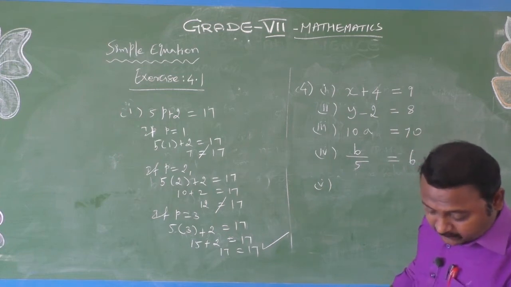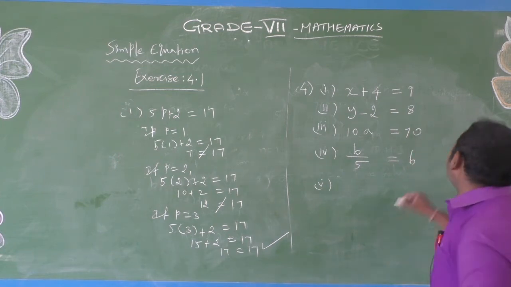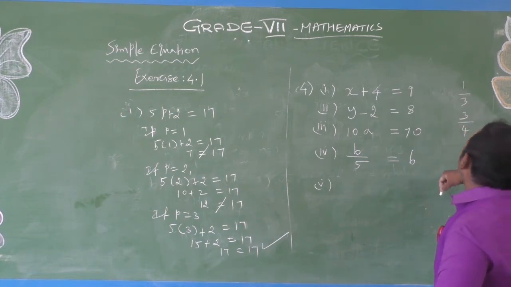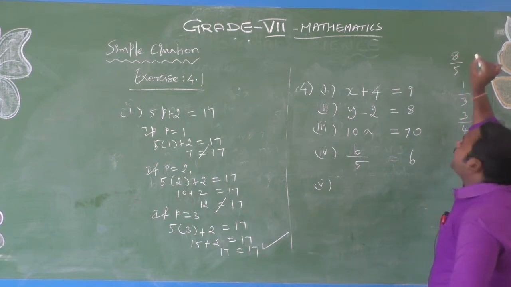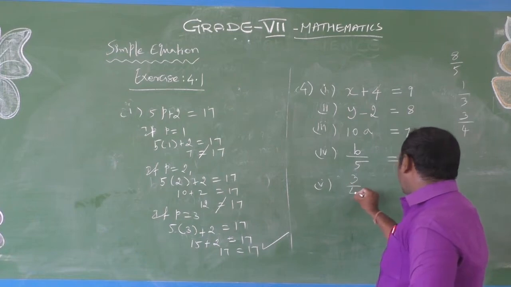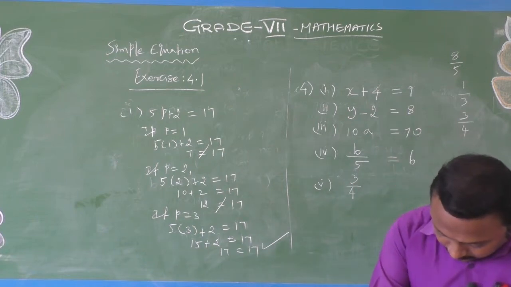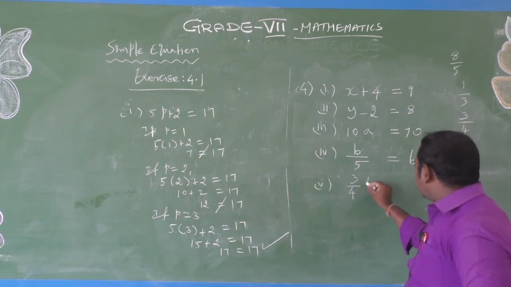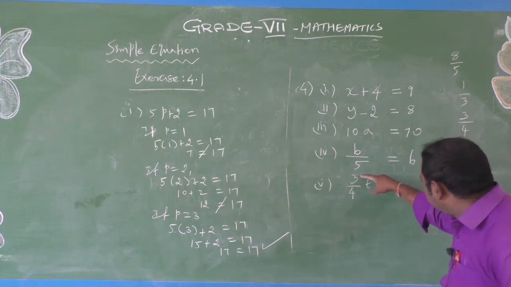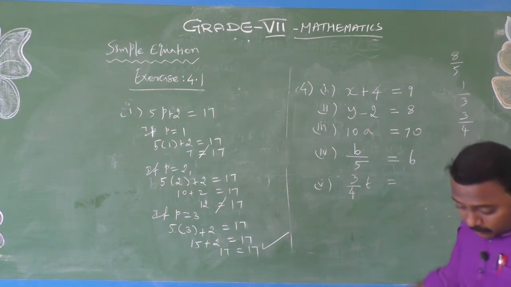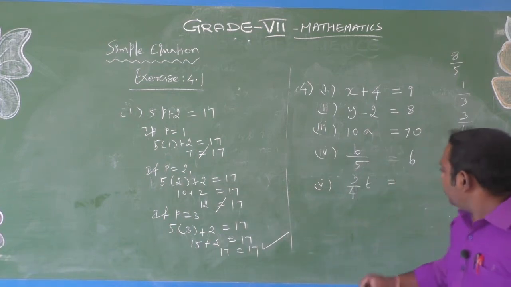Then fifth one. 3/4 of t is 15. 1/3 means 1 by 3, 3/4 means 3 by 4, 8/5 means 8 by 5. So 3/4 of t means 3 by 4 of t, which is 3 by 4 into t, is equal to 15.